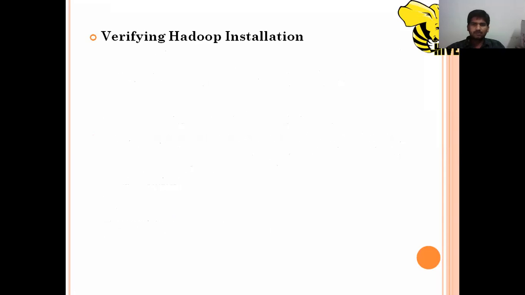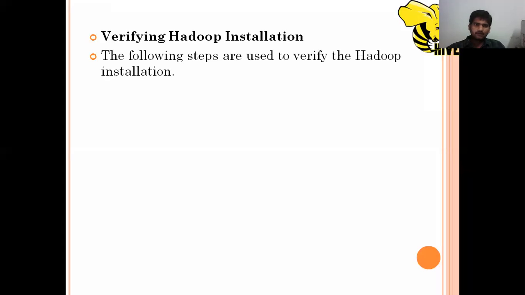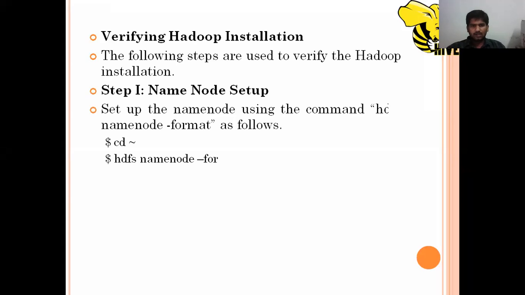Once these configurations are done properly, we are going to verify the Hadoop installation, whether Hadoop was installed properly or not. The following steps are used to verify the Hadoop installation. First one, name node setup. How are we going to check the name node? Set up the name node by using hdfs namenode -format as follows.